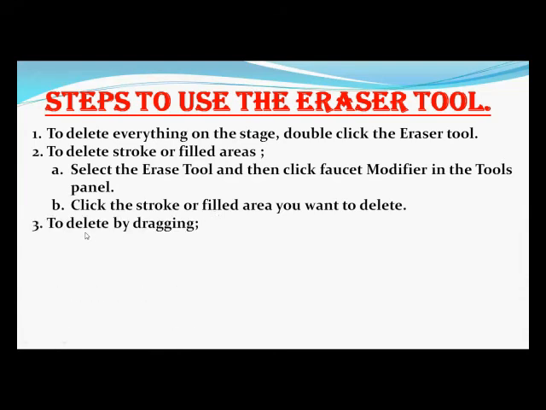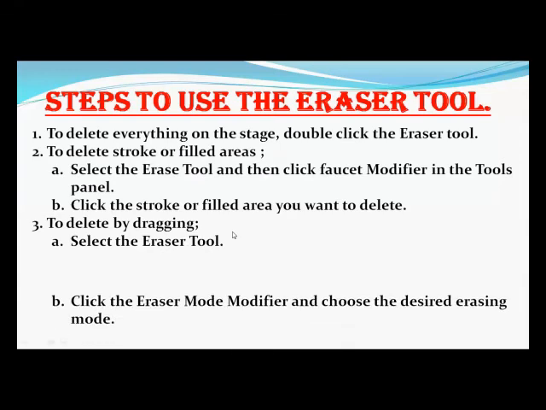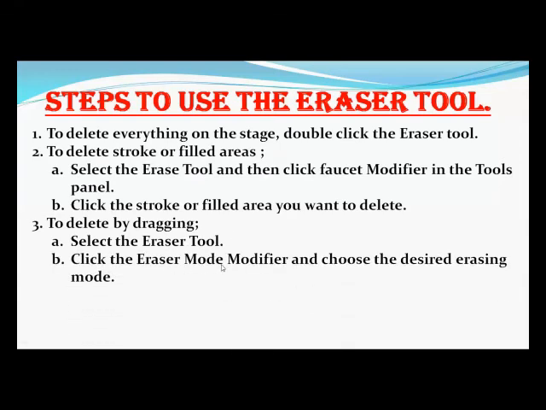Then to delete by dragging, first select the eraser tool, then click the eraser modifier. The first option, the faucet modifier, is used to delete stroke or fill color, and the second, the eraser modifier, is for deleting by dragging.